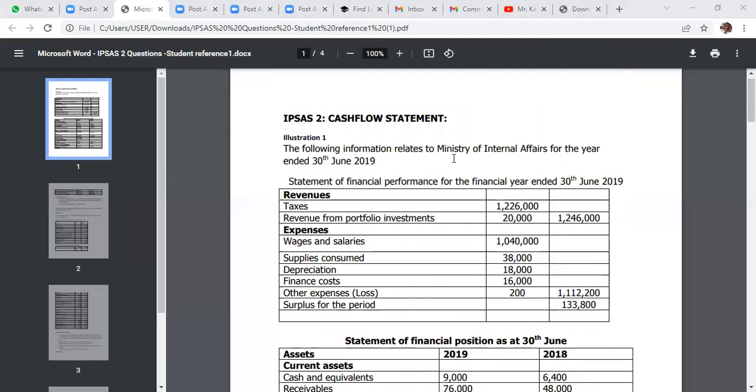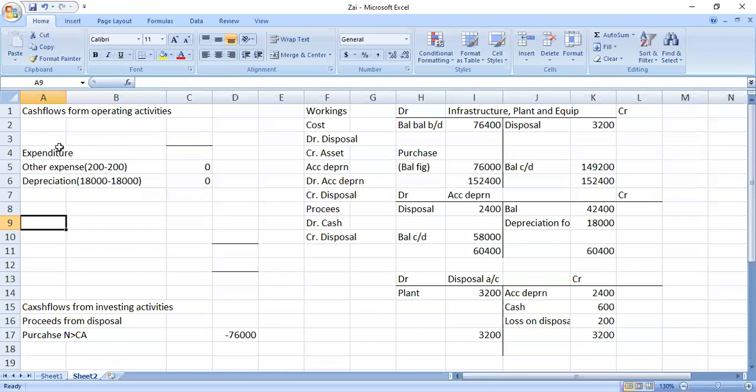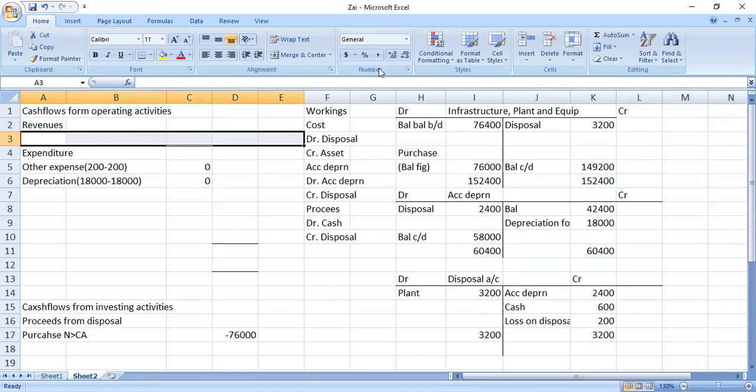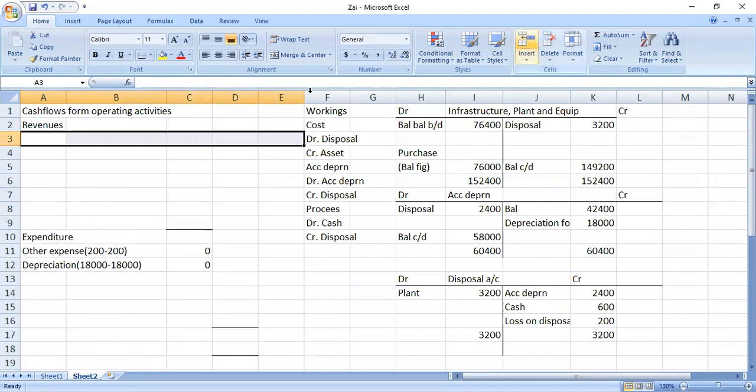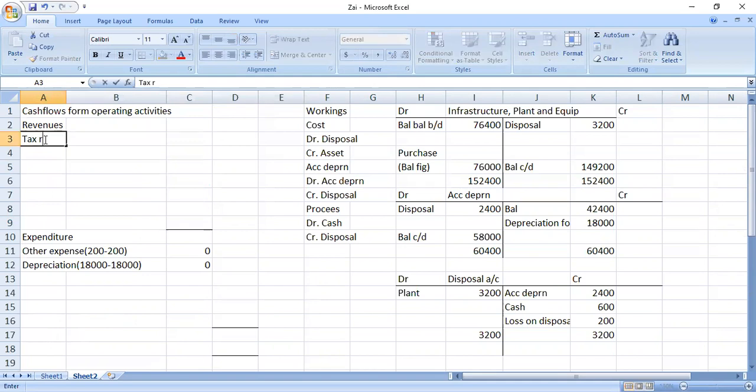Let me just sample some for you. So I'm saying under our revenues, cash flows, our revenues, of taxes. You add the word received so that they know that there was actually money, not just revenue.